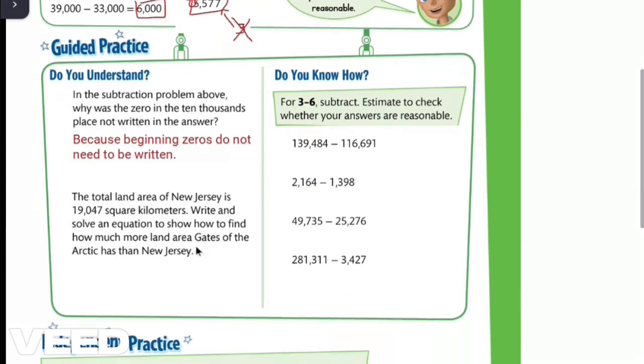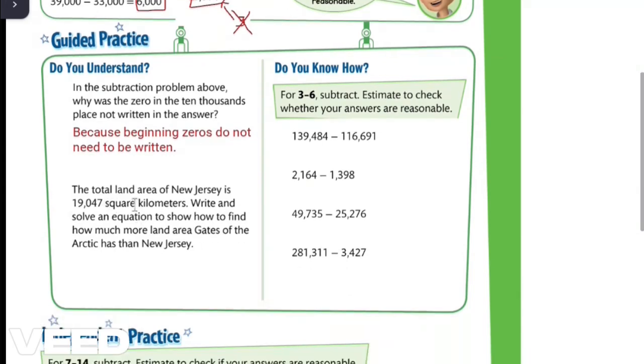All right, let's look at the next question. The total land area of New Jersey, that means the space New Jersey occupies, how big New Jersey is, is 19,047 square kilometers. Write and solve an equation to show how to find how much more land area Gates of the Arctic has than New Jersey.